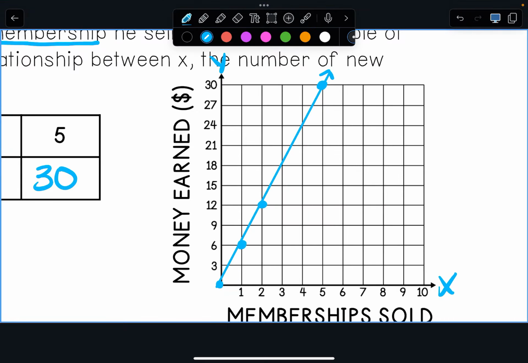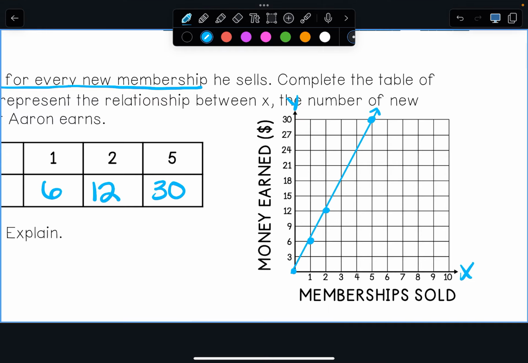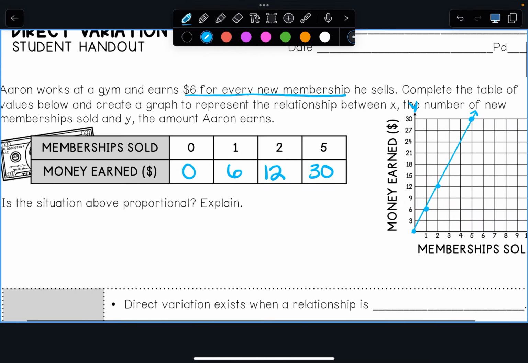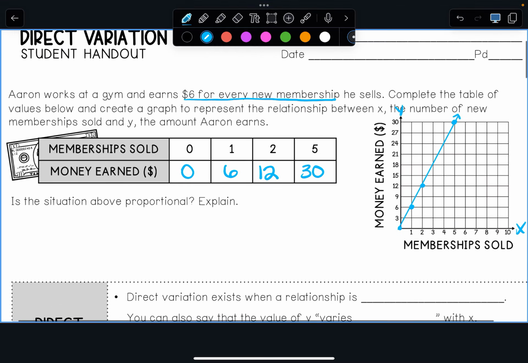And the question here asks, is this situation proportional? Well, proportional relationships are something that you guys learned last year in 7th grade. The answer is yes, this is proportional. Let's go back over what characteristics a graph must have to be proportional, or a function must have to be proportional.